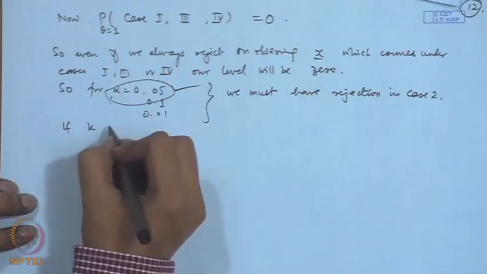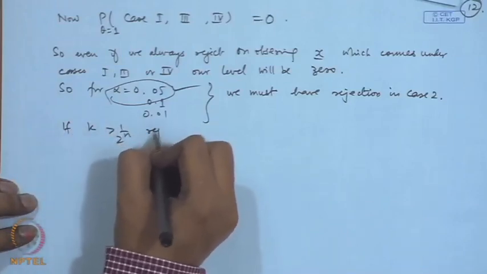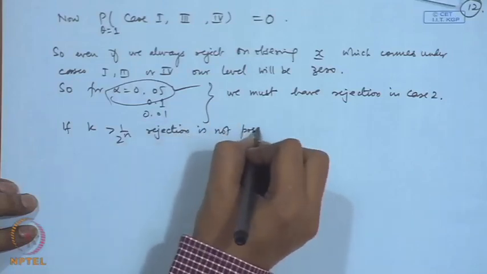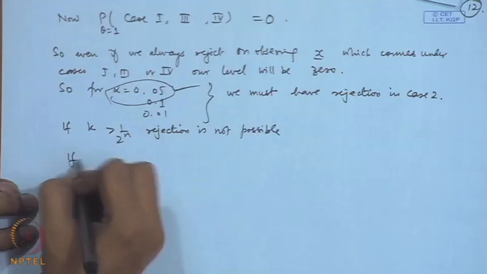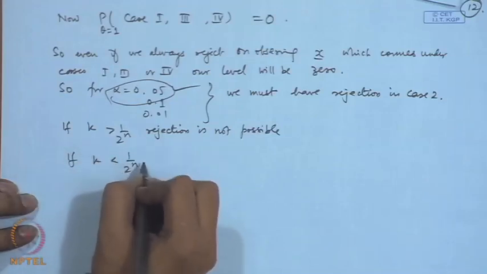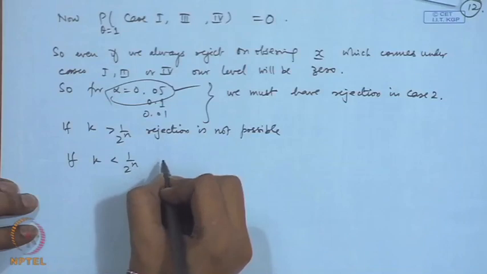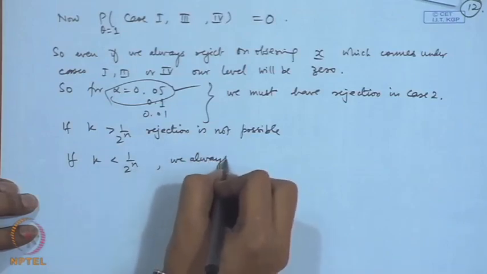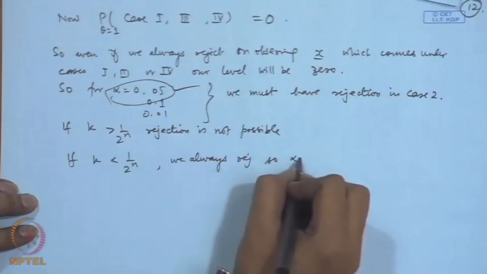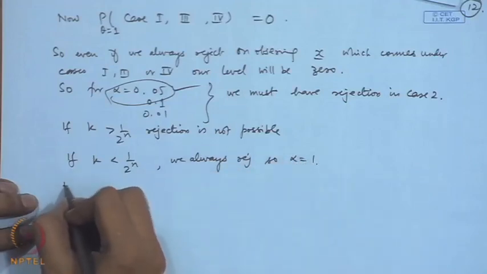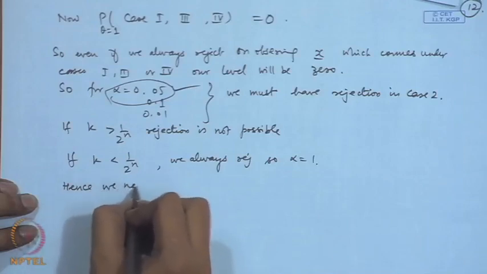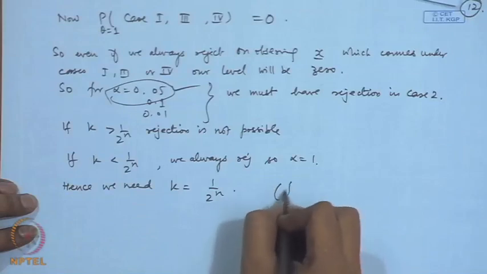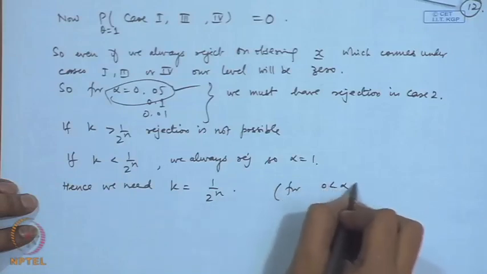If k is greater than 1 by 2 to the power n, rejection is not possible. If k is less than 1 by 2 to the power n, we always reject. So, alpha is equal to 1. Therefore, we should have k equal to 1 by 2 to the power n for 0 less than alpha less than 1.